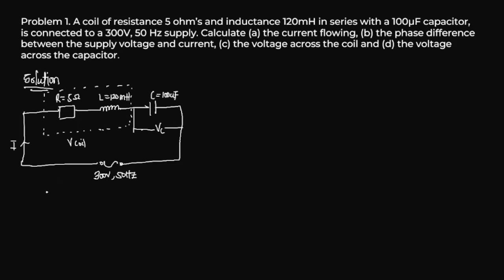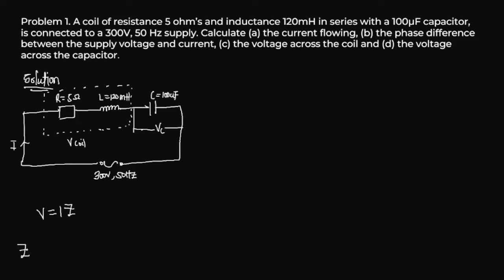To find the current, we know from Ohm's law that voltage is equal to current multiplied by the resistance in the circuit, which in this case is going to be our impedance. So we have our voltage, we don't know the current, but we can find the impedance. The first thing we need to do is find the impedance.